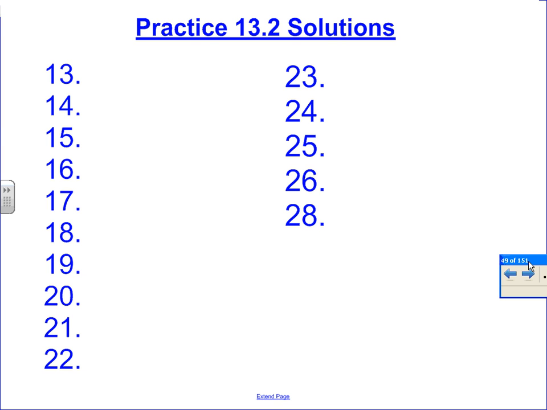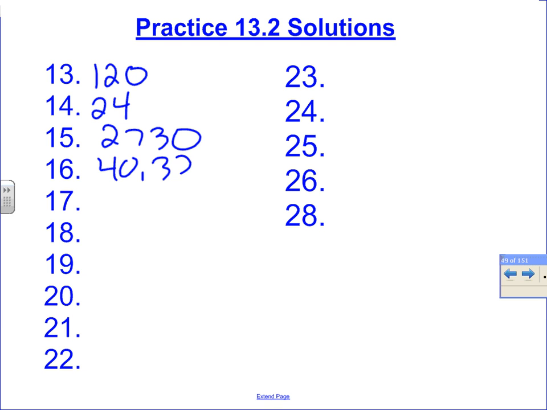Okay, Doug, we'll start with you on 13. Wait, hold on, I'm on the wrong page. Okay, good. 120. Alyssa, 14. Good. 15, Justin. Good. Charles, 16. Good job. Jeremy, number 17. Good. Number 18, Donatus. Good. Emma H, number 19. Good.